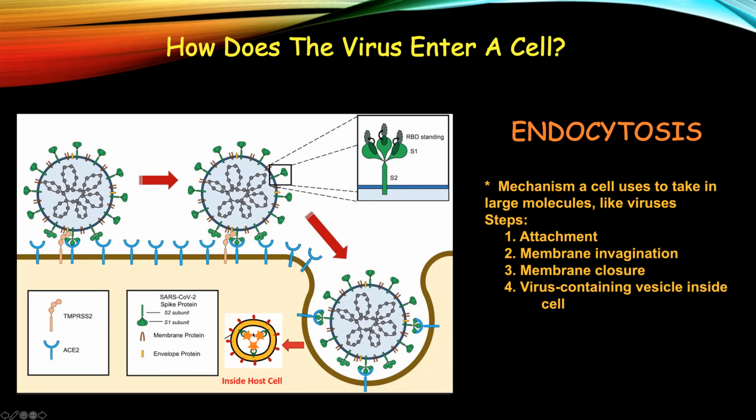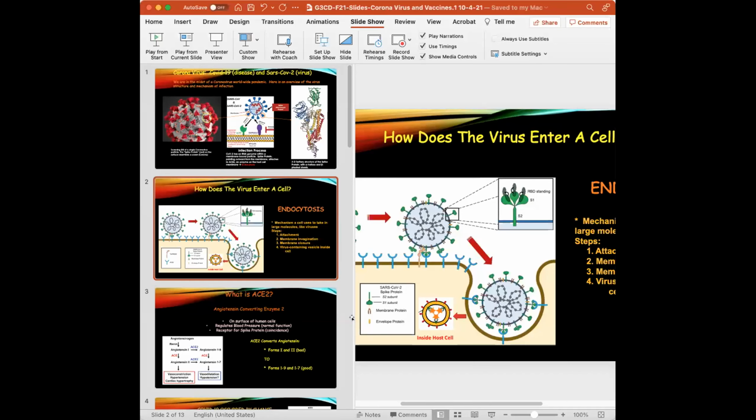And then from this vesicle, it's released. And if it's an mRNA vaccine that we're talking about, then the mRNA is released and is transcribed and translated. So that is one point I wanted to make.